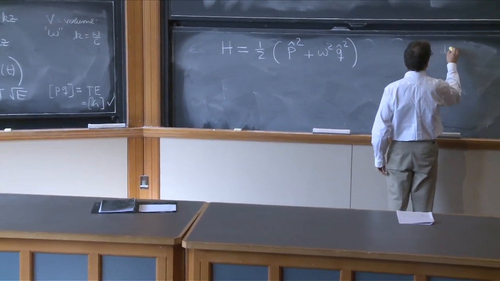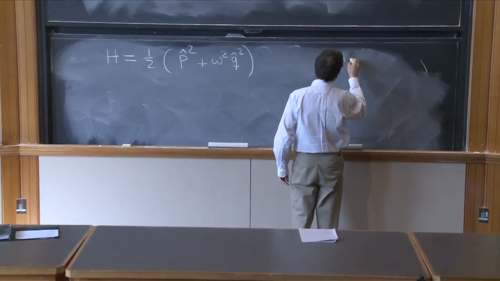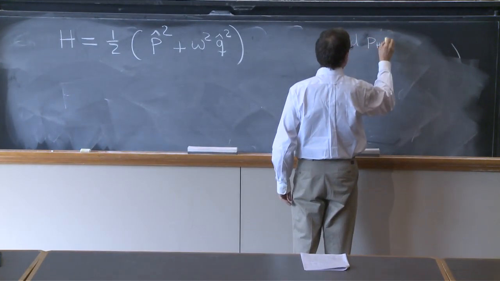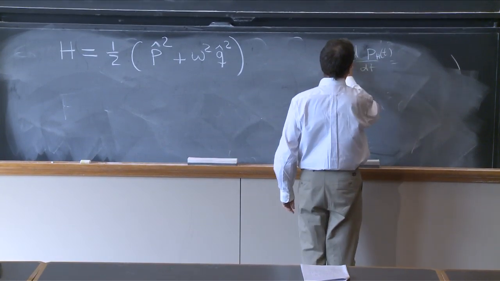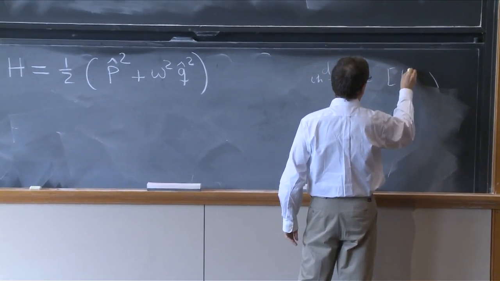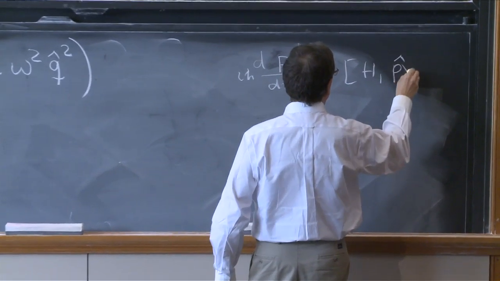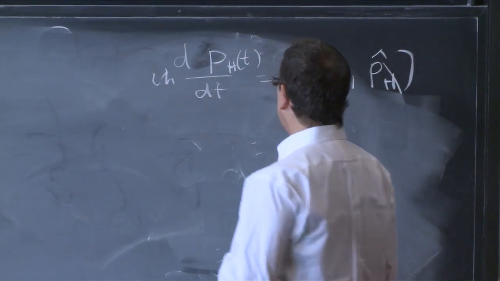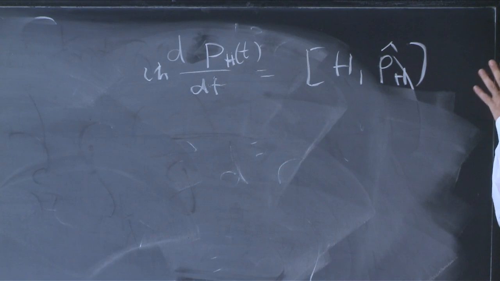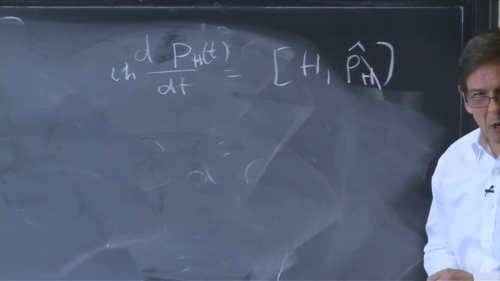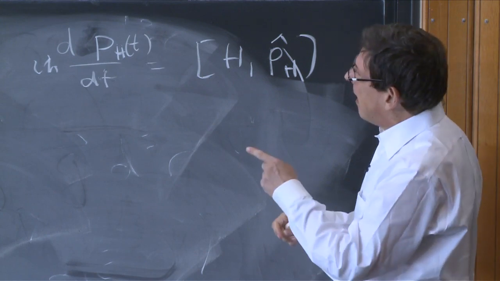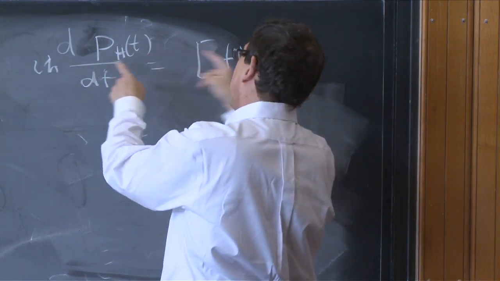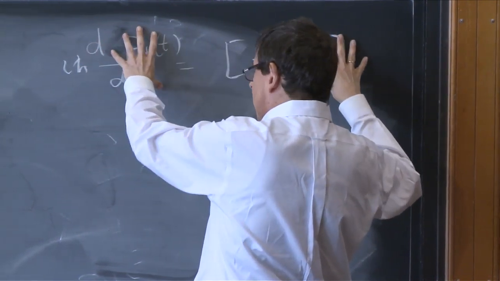Remember something like d/dt of p Heisenberg of t is related to the commutator of H with p Heisenberg. And you can calculate the Heisenberg equations of motion. I may have signs wrong here. Nevertheless, you know those for the harmonic oscillator, and you can write them.